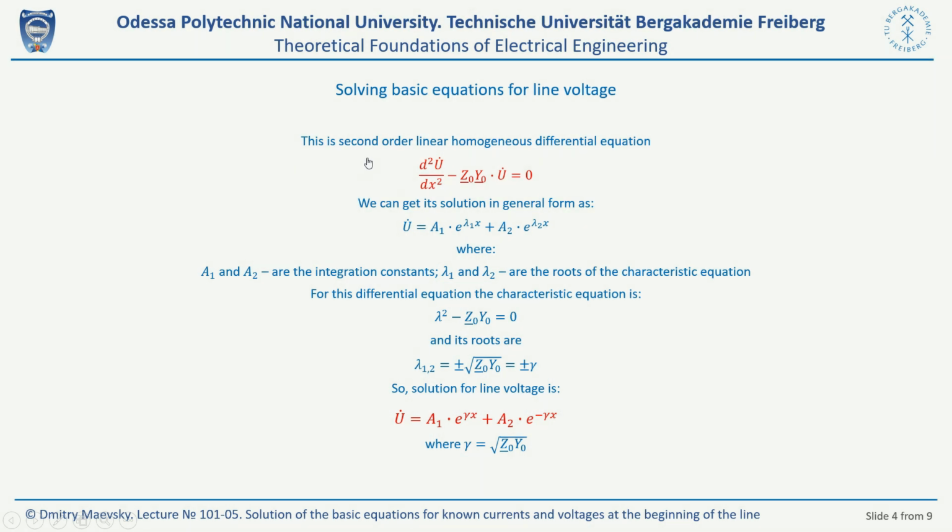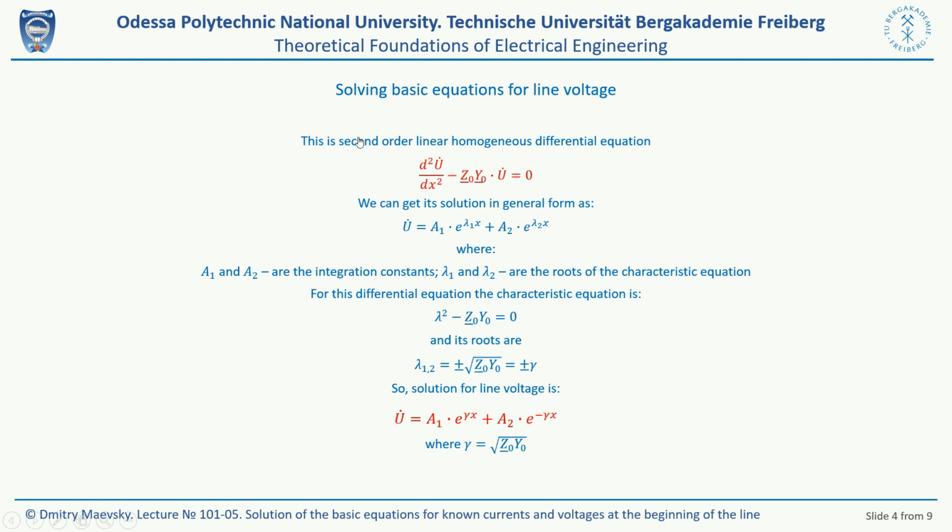The equation that we have obtained is a well-known linear homogeneous differential equation of the second order. We have already solved such equations when we studied the topic of transient processes in electrical circuits. The equations we were solving were equations for time.